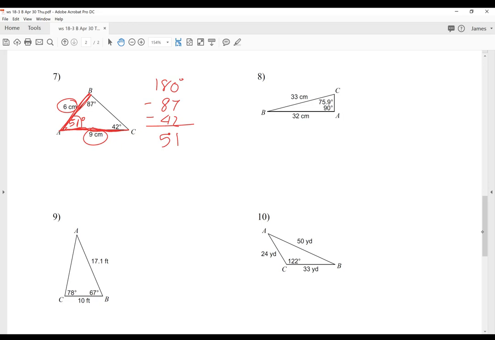So in the area formula, you'll be using base times, well, we don't have height, so we use the slanted side times the sine of the angle in between, which is 51 degrees. And it should turn out to be 20.98.